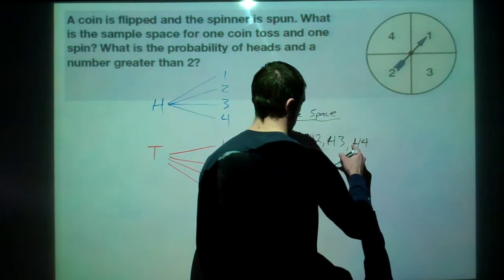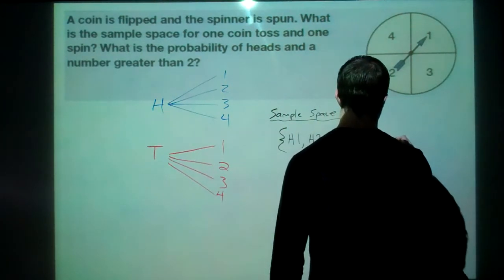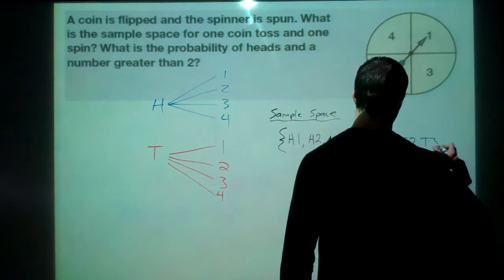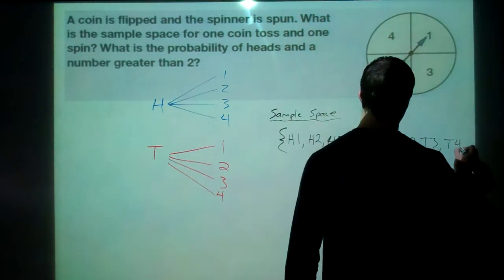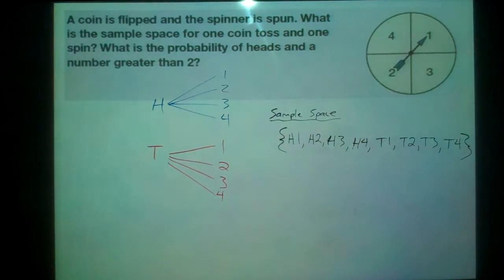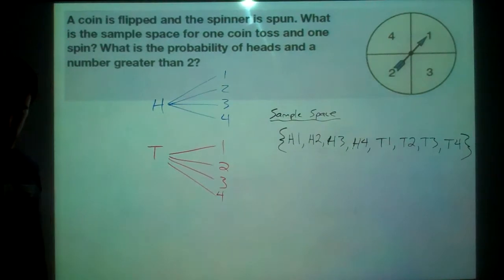Having trouble with my H's today for some reason. Tails 1, tails 2, tails 3, tails 4. Alright. So that might not have been so obvious at first, maybe it was, because this is still a pretty small sample space, but making a list such as this definitely helps us out. So there's our sample space.